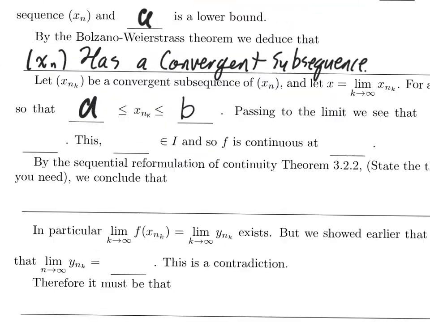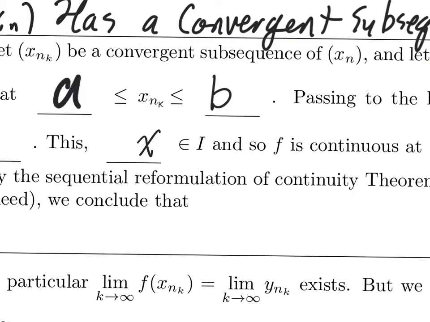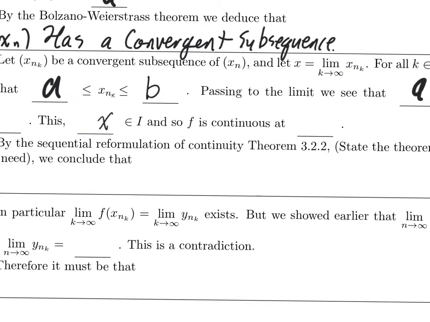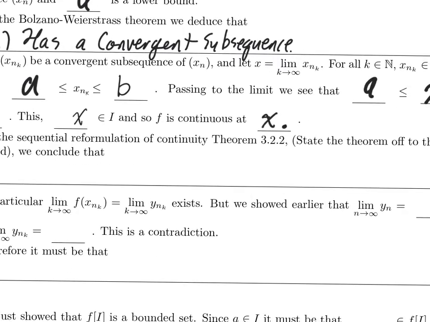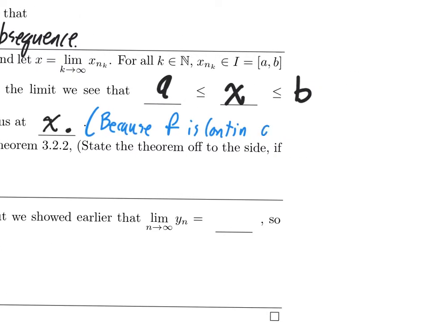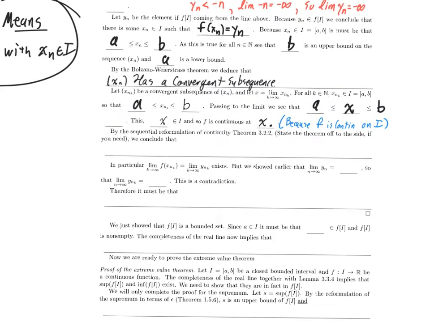That means this limiting value, x, is in the closed bounded interval I. f is continuous on all of I, so f must be continuous at this input x, because f is continuous on I by assumption. So it has to be continuous at each input in particular.